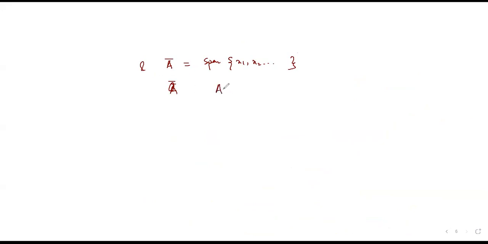So A closure का closure is again A closure, which is the same thing as span of x1, x2, so on and so forth, which is equal to x. नहीं मुझे ऐसे लिखना चाहिए, इसको ए क्लोजर पहले लिख लो, डबल क्लोजर बाद में. अब सही, क्योंकि क्लोजर का क्लोजर वो खुद होगा, बिकॉज क्लोज सेट का क्लोजर वो खुद ही होता है सेट.